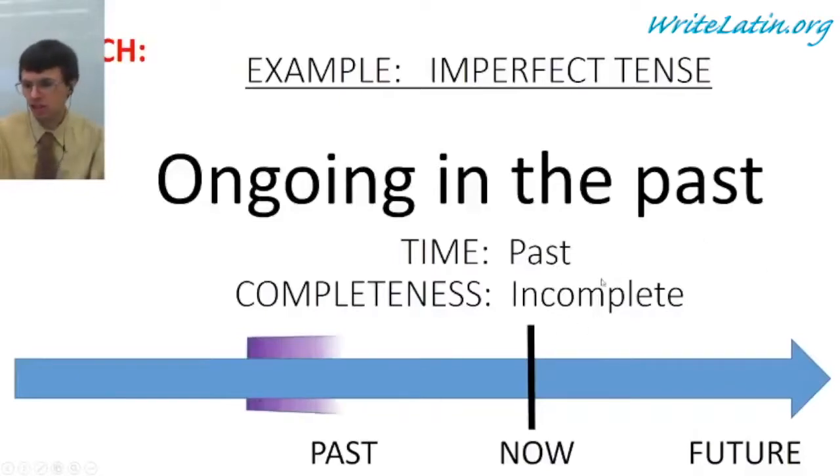And some tenses can change this and still be past, but be complete instead. And we'll have a different name for that tense. That won't be the imperfect. Someday it will be the perfect. But okay, so for today, all you need to understand about the imperfect is that its 2 attributes are its time is past tense and its completeness is incomplete.